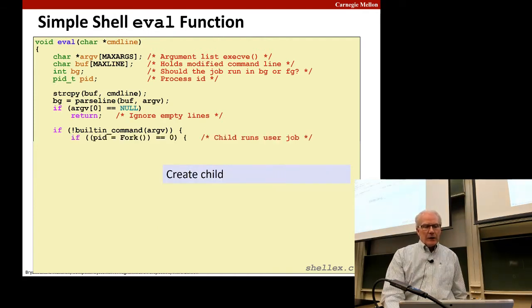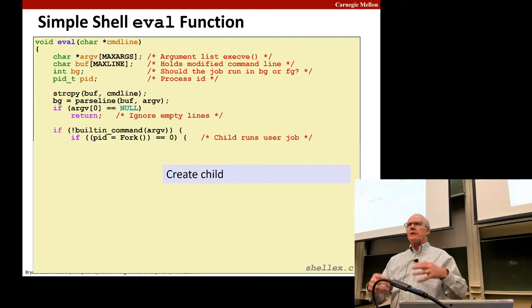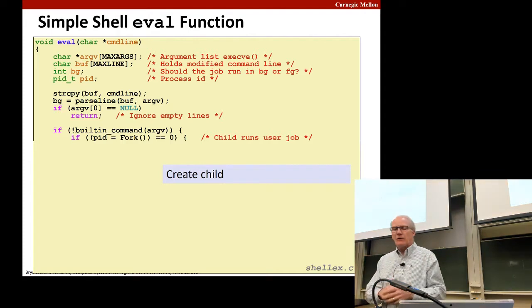Otherwise, and this is where life gets interesting, and it relates to the question you were asking before, what it wants to do is create a new process, its child, and the purpose of that process is to execute the file that this command line is telling it to.